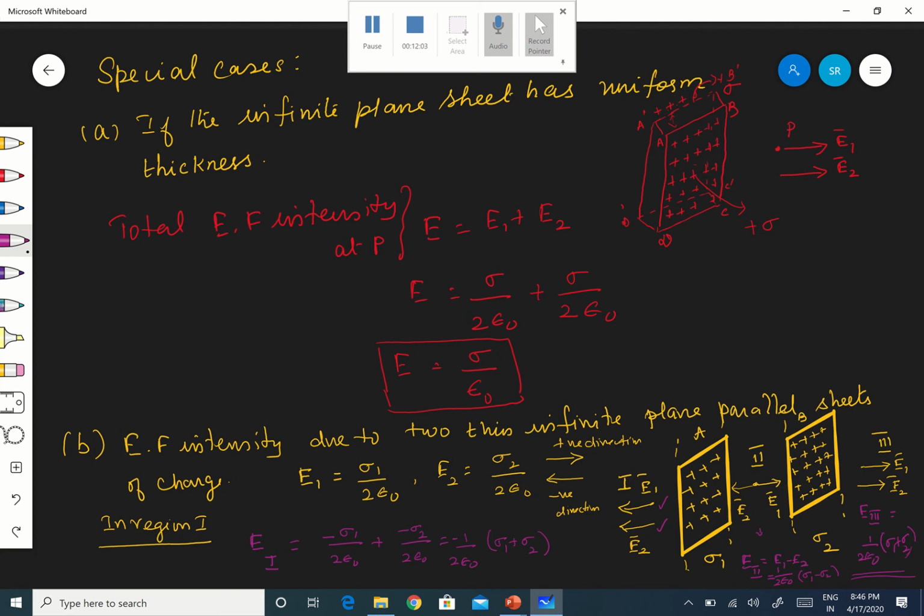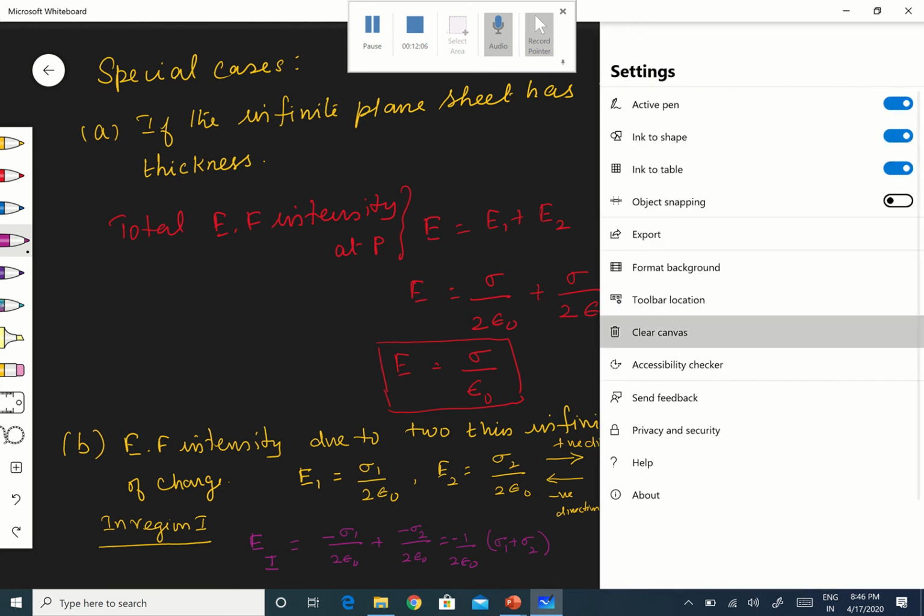Then the next one, the third case, is C. This is very, very important. I have two infinite thin plane sheets of charge, kept parallel.